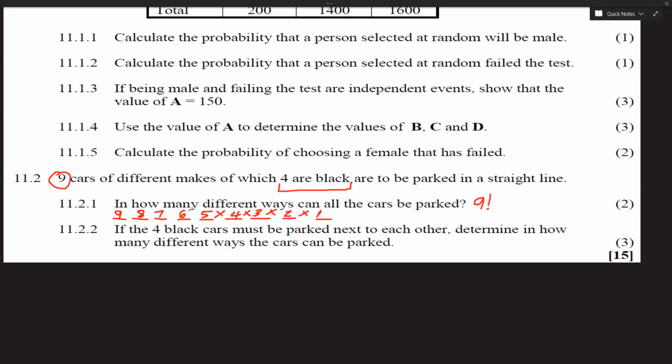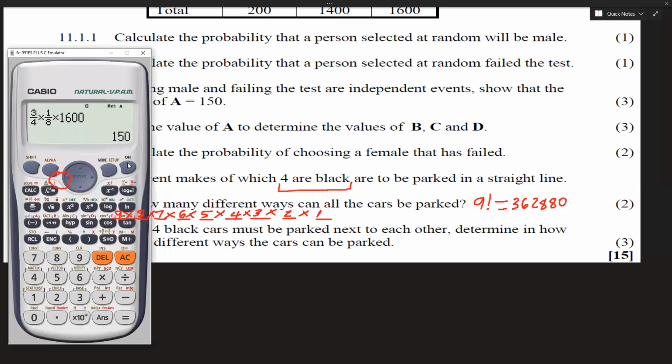You see, you multiply everything together. That is 9 factorial, which simplifies to 362880. Right, we can also just verify on the calculator. So you press 9, then shift the factorial symbol there, which is 362880. Do we see it? Perfect.